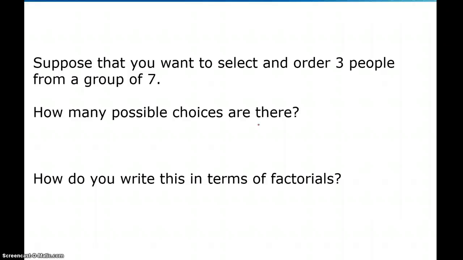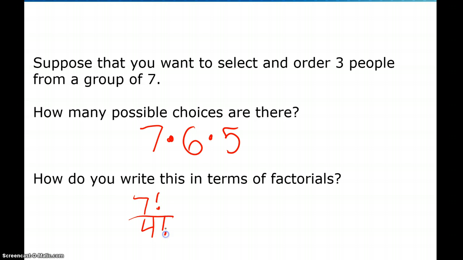So intuitively, if I want to do this, how many possible choices are there? Well, from the group of 7, I could pick any of the 7 of you. Then there's only 6 people left, so then I have 6 to choose from. And then there's 5 people left, I have 5 to choose from. This is what we're doing, so don't think too hard. It's easier to type in your calculator like that. But if we want to write it in terms of factorials, I can write it like this: 7 exclamation point over 4 exclamation point.